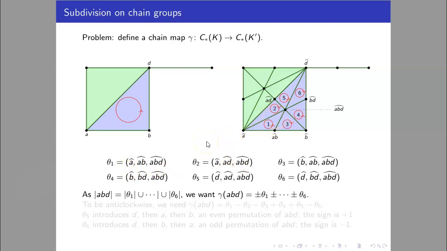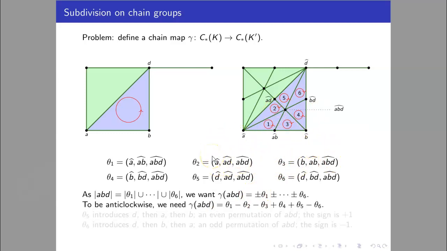But if instead we look at theta 3, we've listed these thetas in the obvious systematic way: barycenter of a 0 simplex, then of a 1 simplex, then of a 2 simplex. If we do that for theta 3, then we find that we've got B hat, BD hat, ABD hat going around in a clockwise direction. So we need to put in a minus sign against theta 3 in order to turn it around so it goes anti-clockwise like everything else.